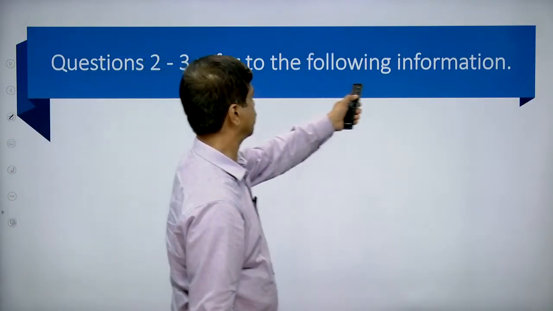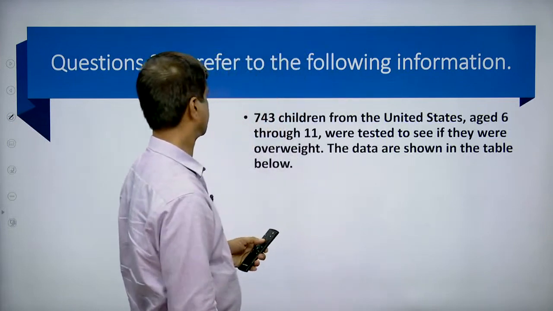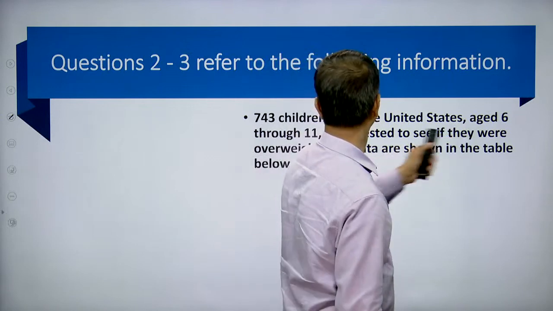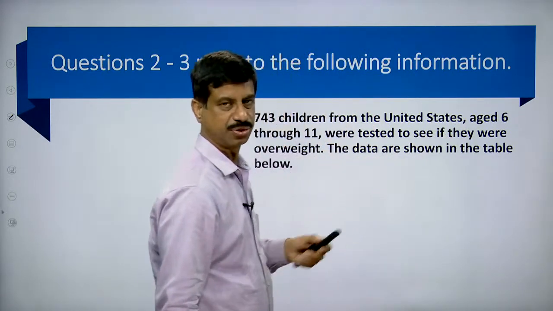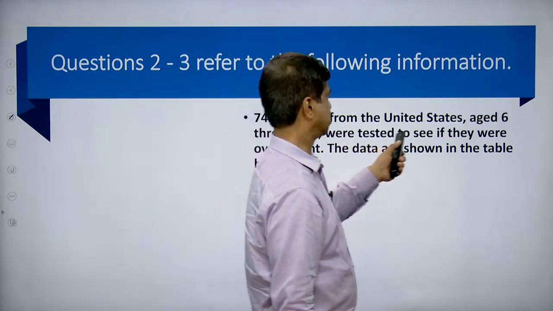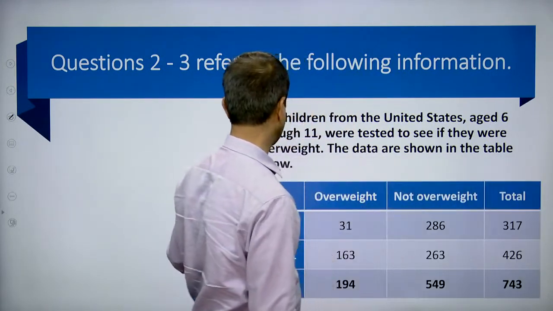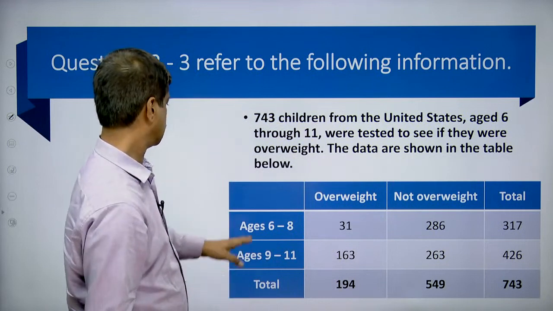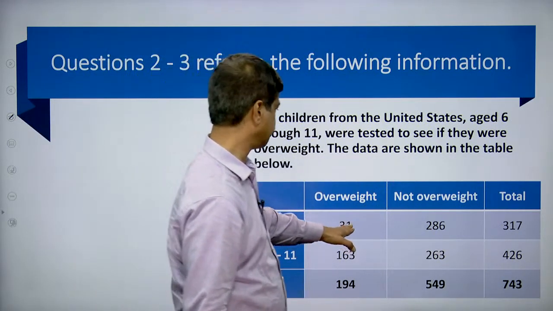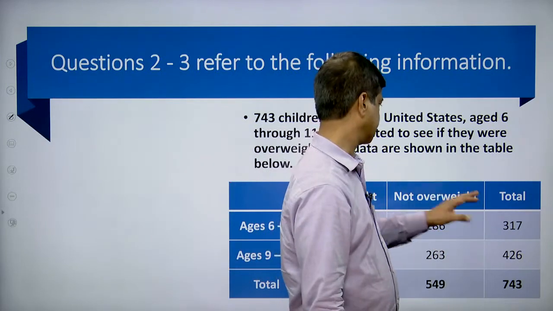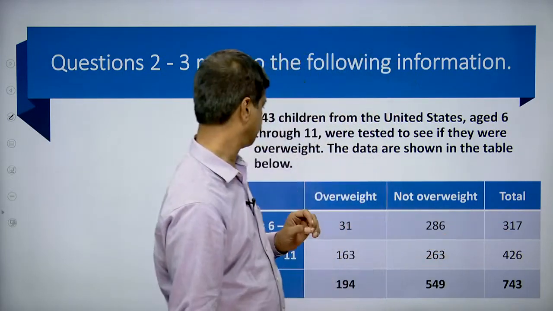Questions 2 to 3 refer to the following information. 73 children from the United States aged 6 through 11 were tested to see if they were overweight. The data is shown in the table. For the 6 to 8 age group, 31 are found to be overweight and 26 not overweight.